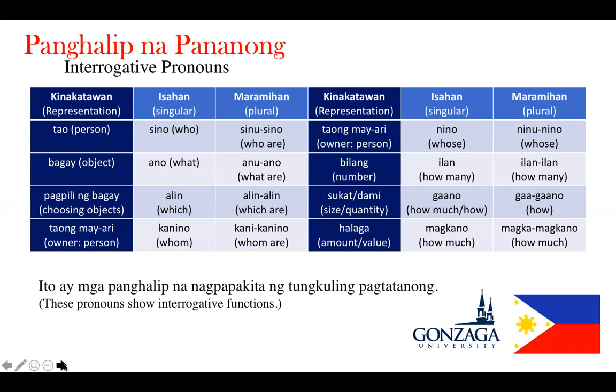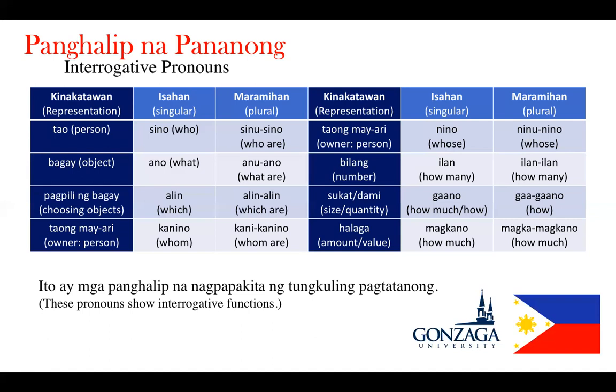Let's proceed here to the second set. We are here in the second set now. Taong may-ari, still on ownership. Now if you notice, this part is whom. You could also use nino or nino-nino, but this one is rarely used in the Filipino language.